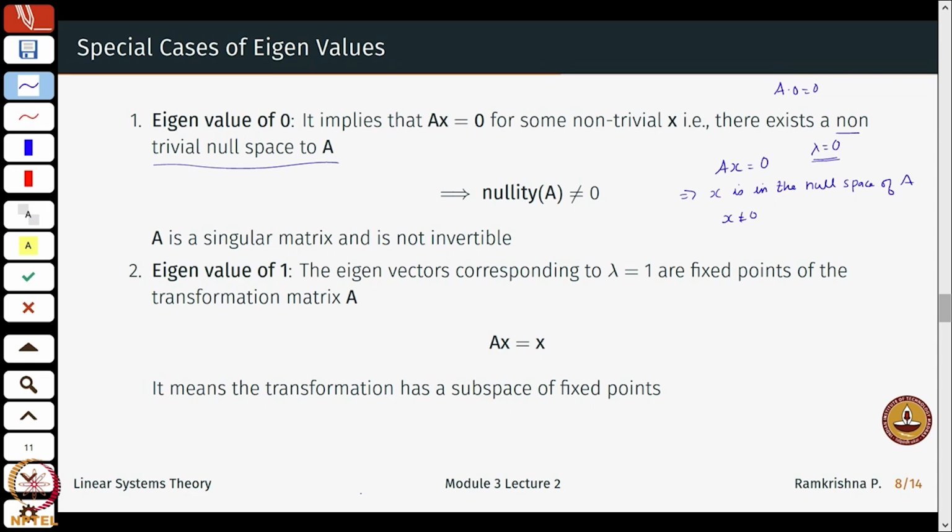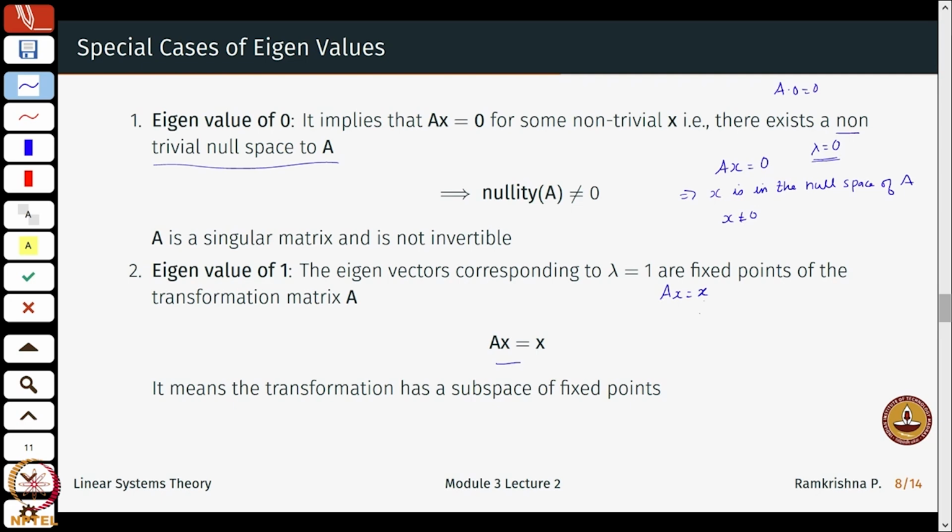Okay. An interesting thing also happens for the eigenvalue equal to 1. If I have lambda equal to 1, then I end up with A times x equal to lambda x, which is equal to x. So, these are called the fixed points.